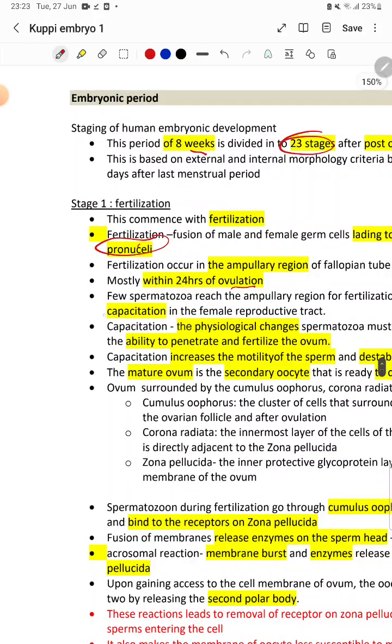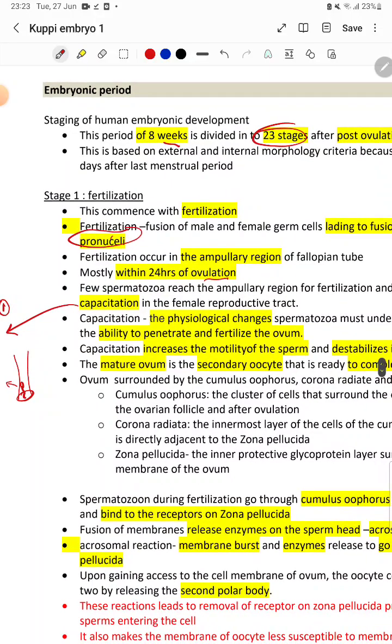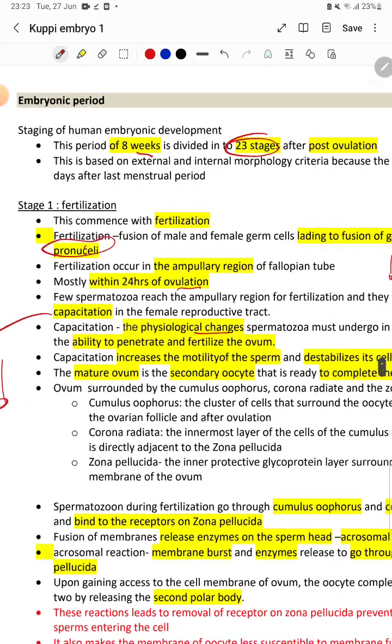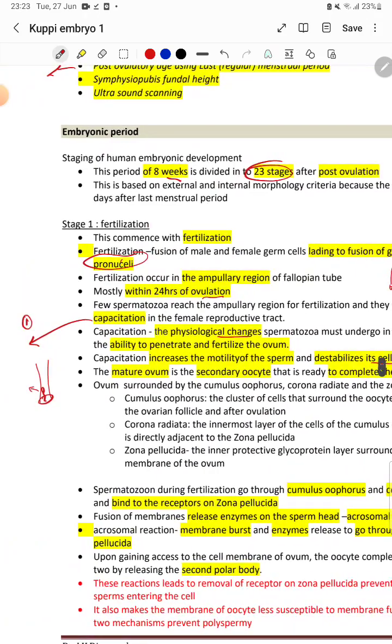Capacitation happens first. This is the first step, upon entering the female reproductive tract. Upon entering the female reproductive tract, the sperm will undergo a series of changes. These physiological changes involve increasing the motility of the sperm and destabilizing its cell membrane, all to make sure it reaches the egg as fast as possible.